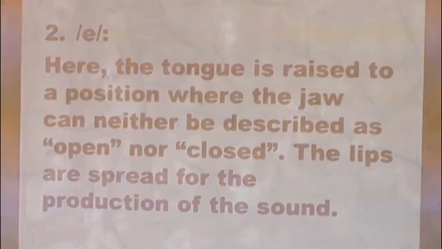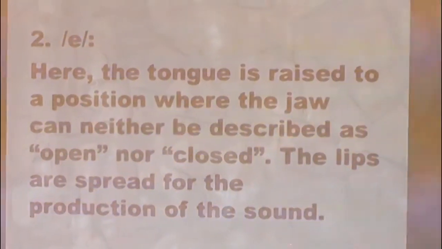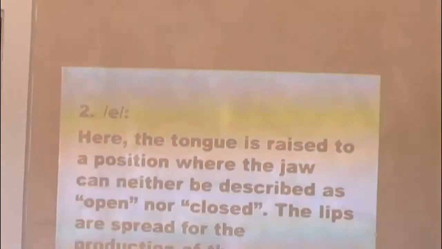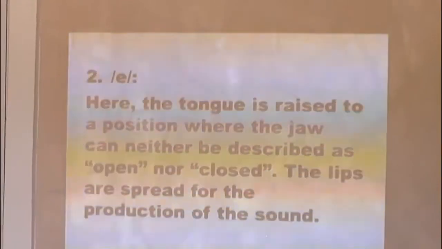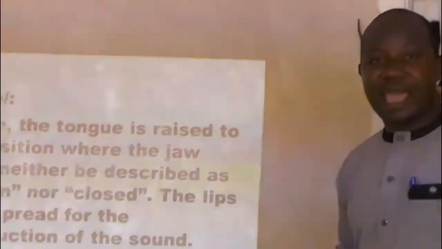I hope you all understand what is called the jaw. Your jaw is somewhere here. Now, the lips are spread for the pronunciation of the sound. Look at my pronunciation. Say it. Let's look at the examples.